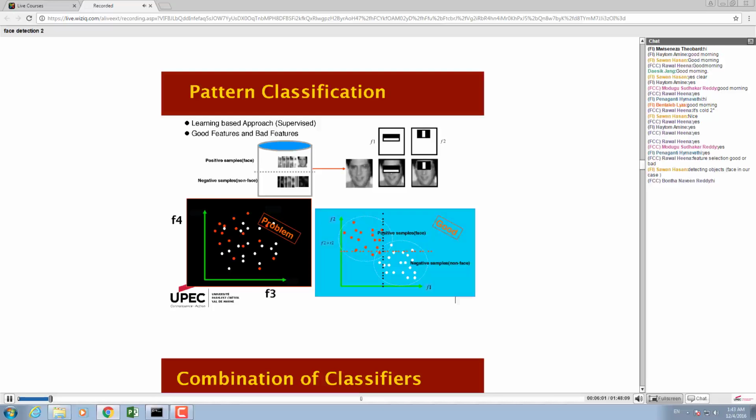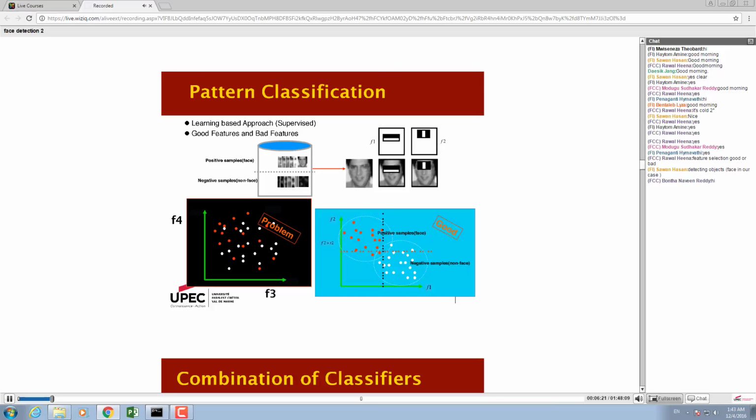So do you remember this concept of good feature and bad feature? This is a very conceptual example, it's not the real case. As we discussed yesterday, this black graph means bad features.